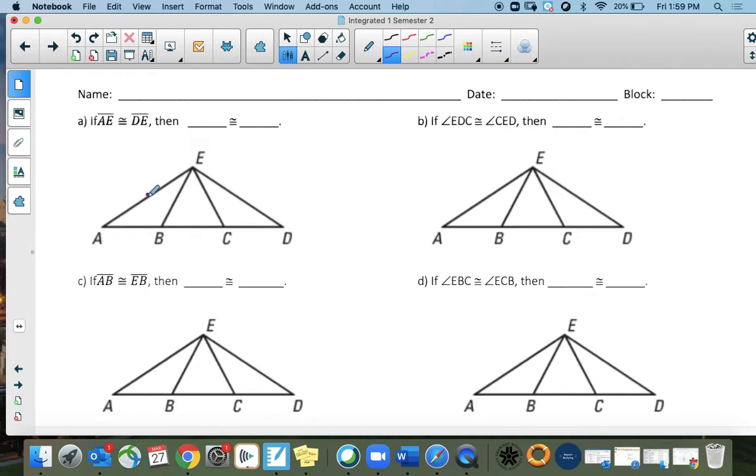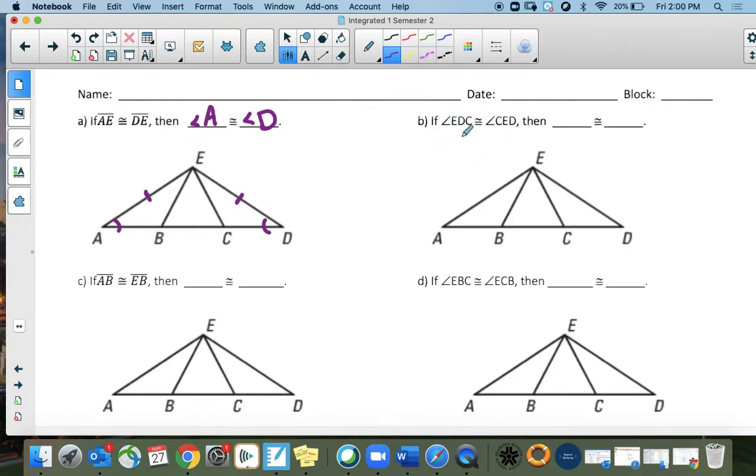Here is AE, and here is DE. Okay, then what angles do we know are congruent? These are the base angles. You would say angle A is congruent to angle D. So angle A congruent to angle D. Those are our base angles for those two sides.